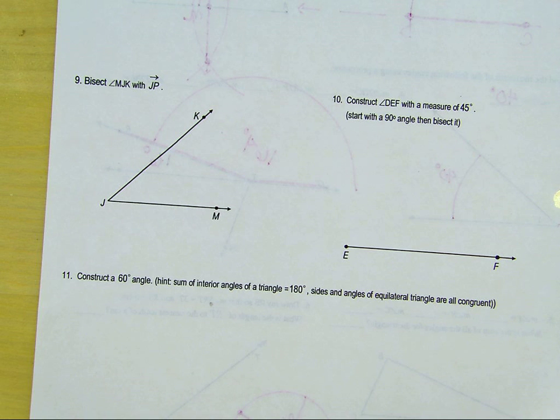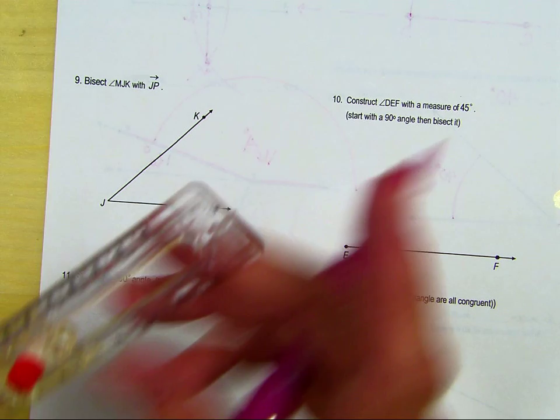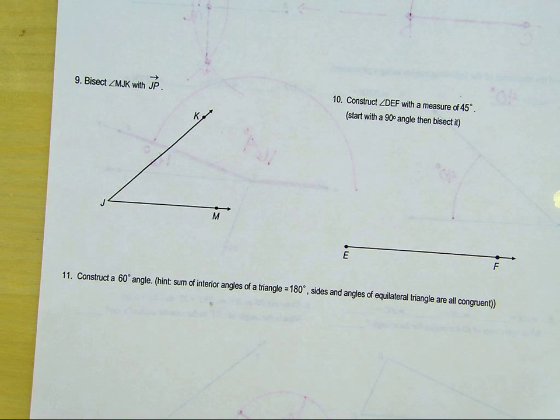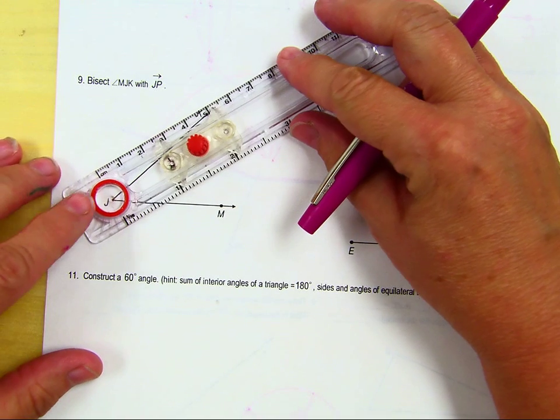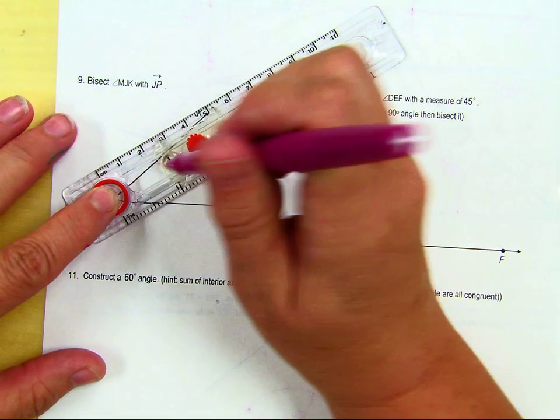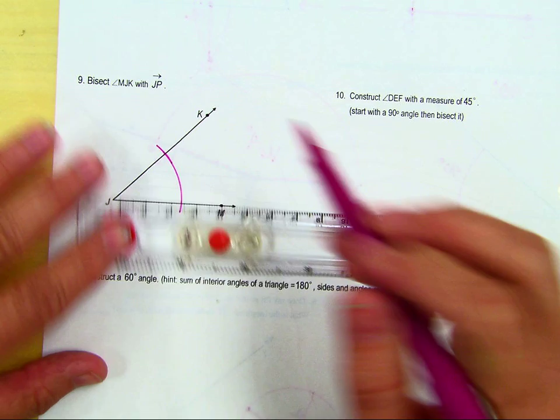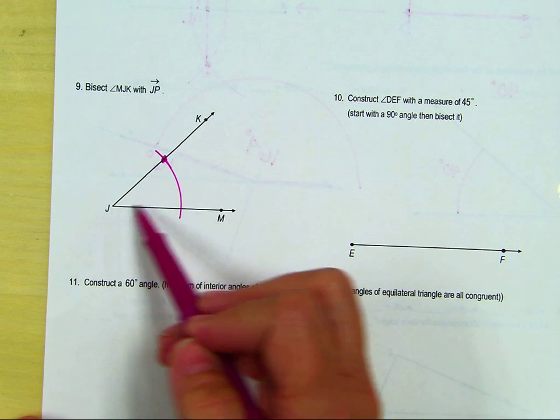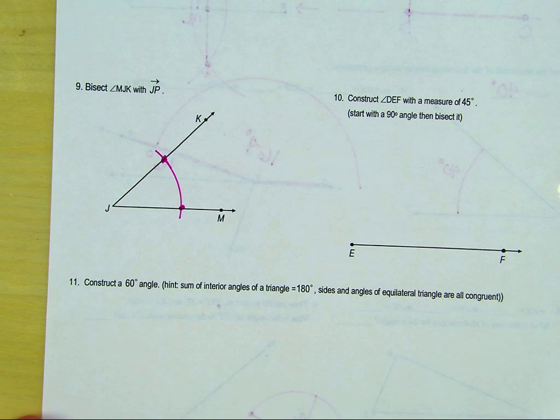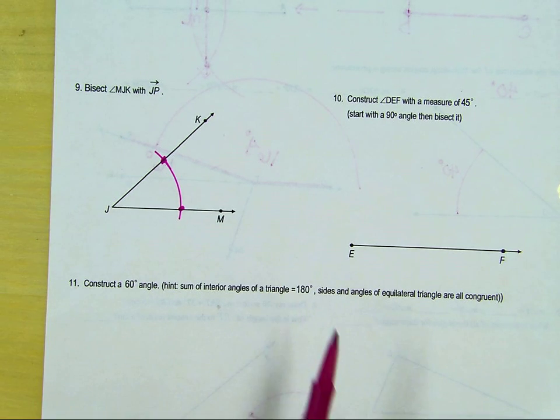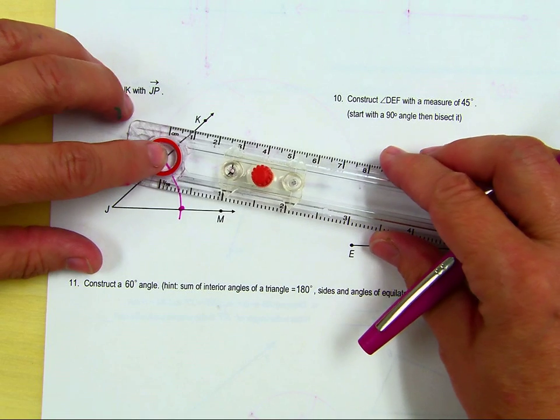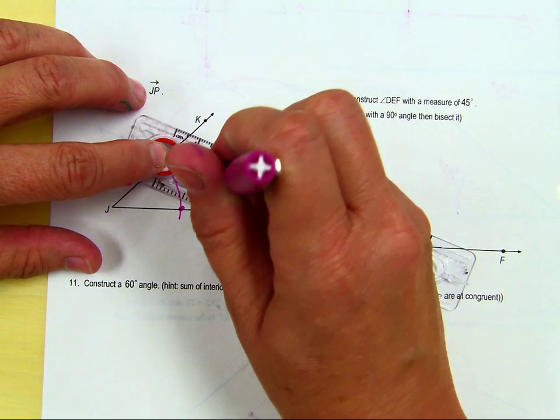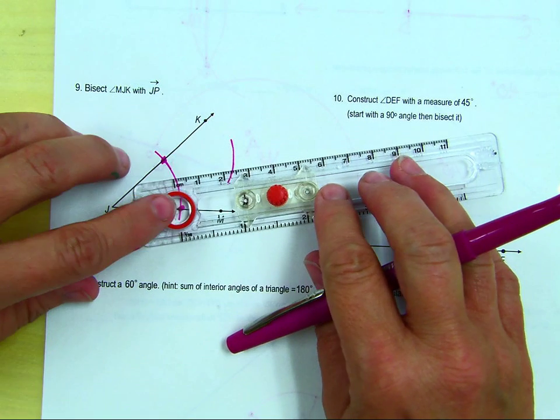So the first thing we're going to do is we're just going to measure with our compass a couple little arcs. So I know that this point is equally distant from J as this point is. Then I'm going to use that point that I just formed to make an arc and an arc.